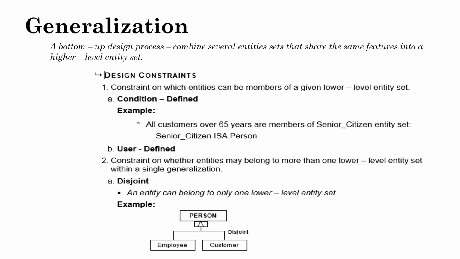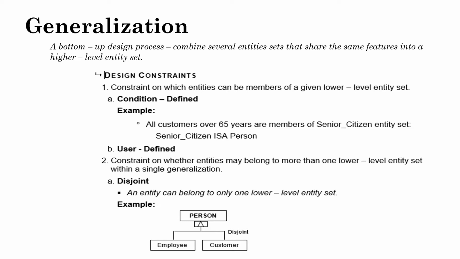This consists of different design constraints, the constraint on which entities can be members of a given lower level entity set, wherein the conditions are user defined. For example, all customers over 65 years are members of the senior citizen entity set, and senior citizen ISA person.